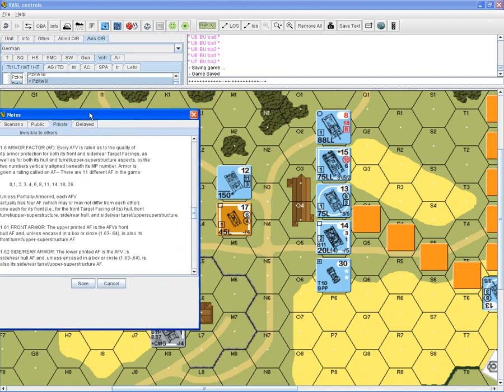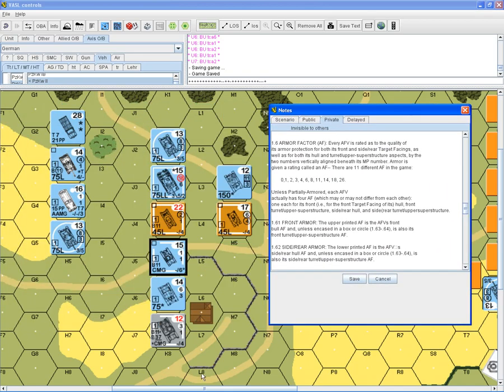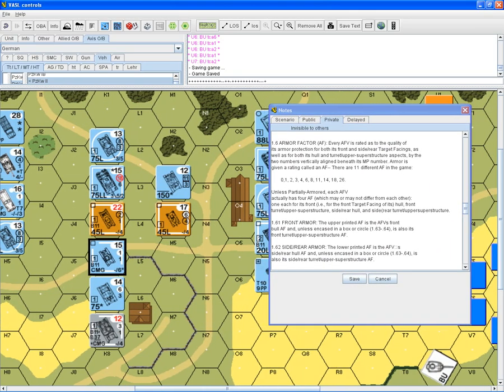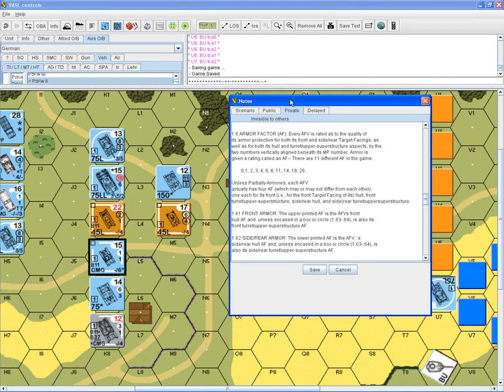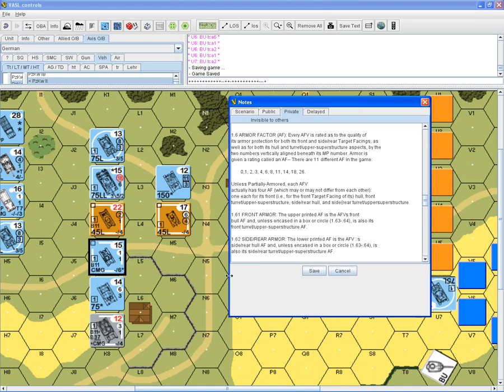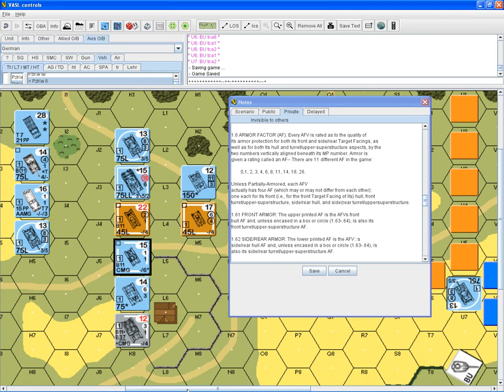Next thing we're going to talk about is the armor factors. Okay, we found out a little bit about what kind of vehicle we have. We found out how many movement points it has. We found out where the main armament's located.